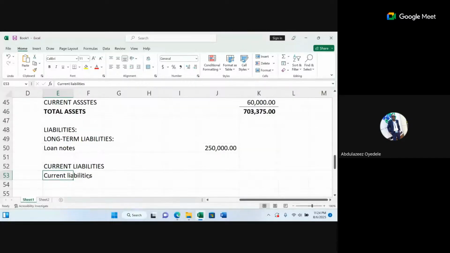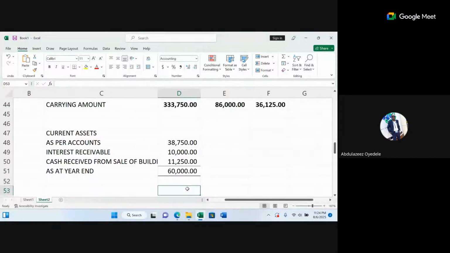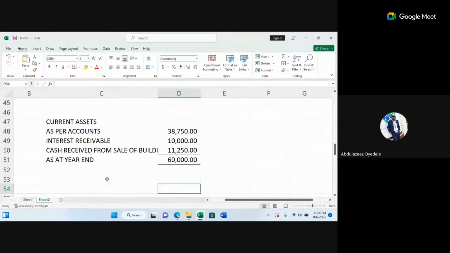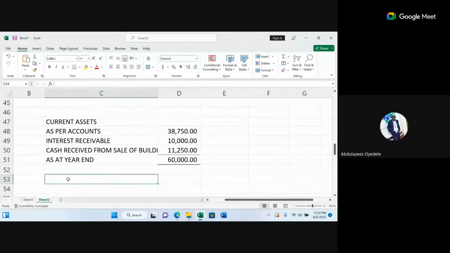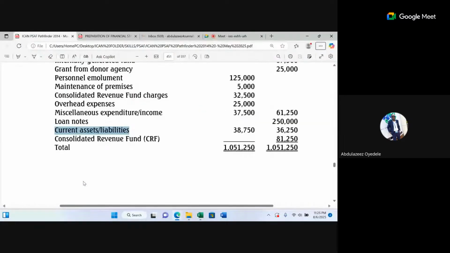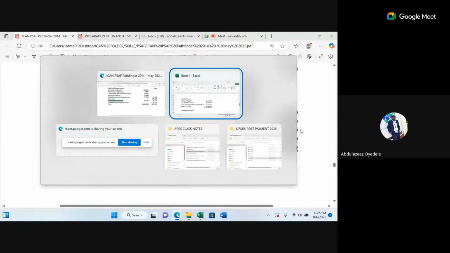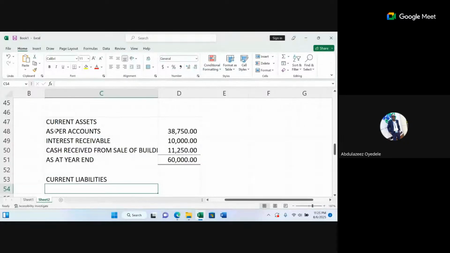But these current liabilities may need to be adjusted as well, just like we did with our current assets. If you look at our additional information, we discover that we're given information about an expense that is outstanding. That is the first additional information. So first, as per account, which is 36,250, let's take that one.